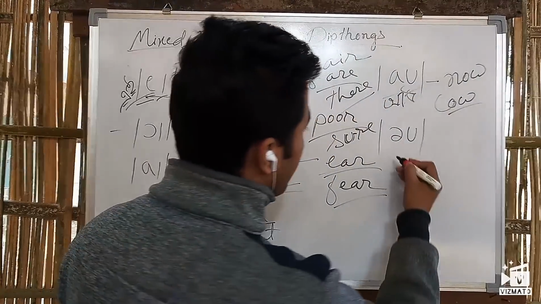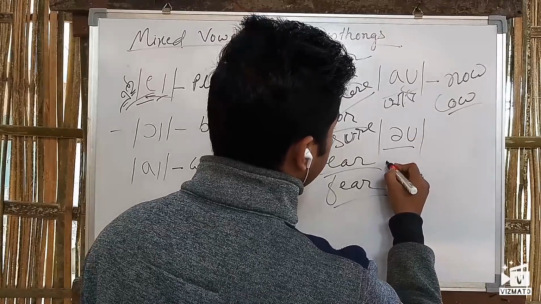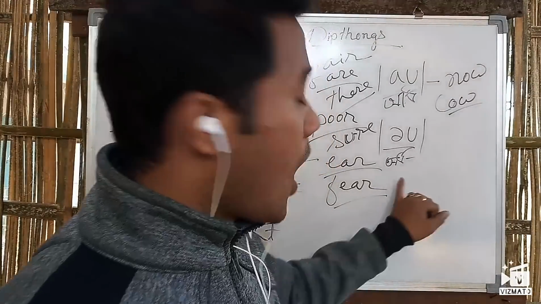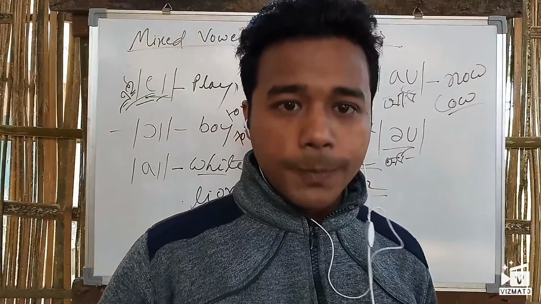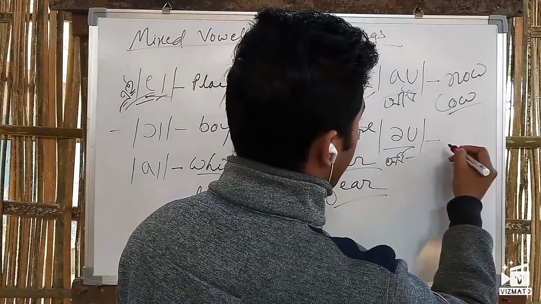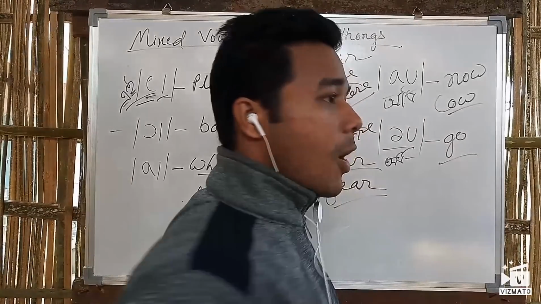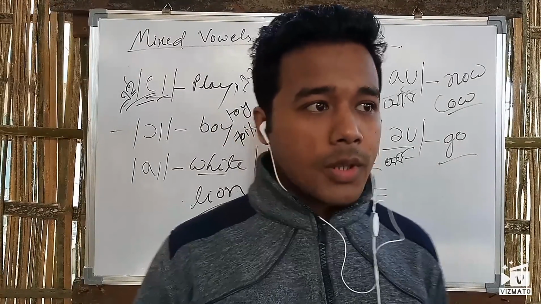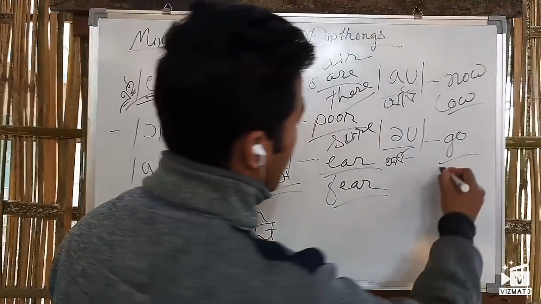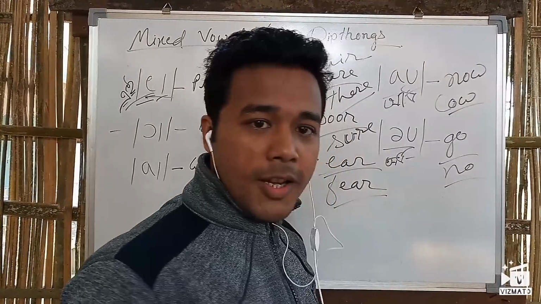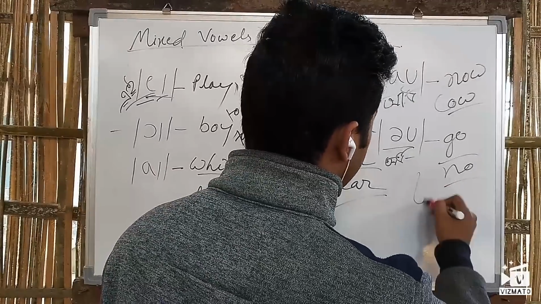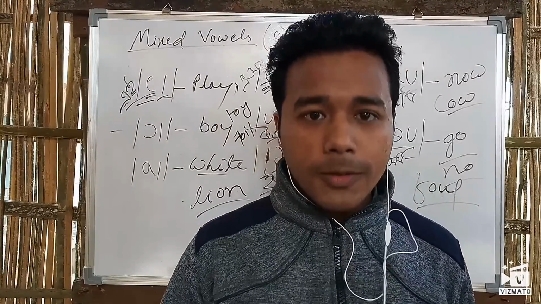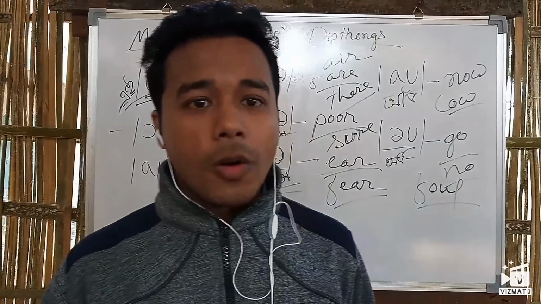Then we have this a and u, ow. This could be found in the word like go. We say go, not go. Then fall, F-O-U-L, fall.